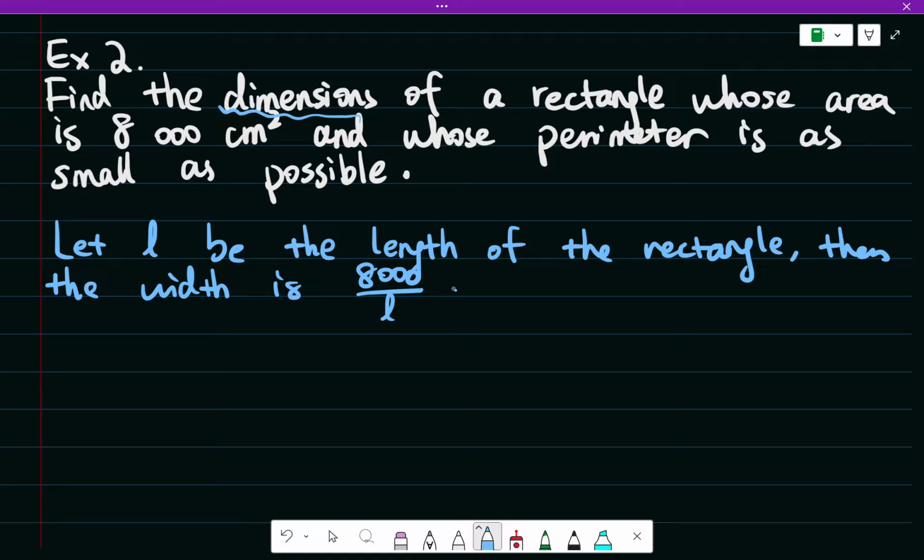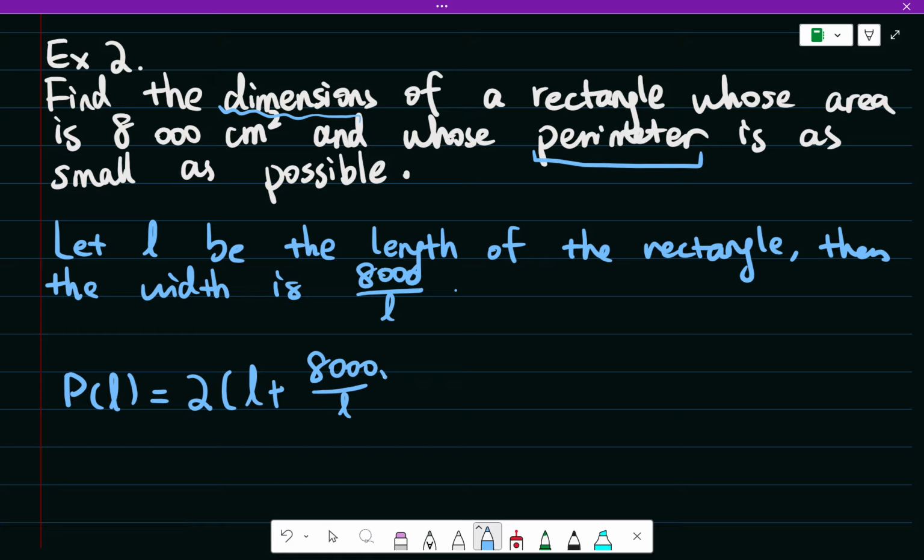Next, we need to find the exact thing that needs to be optimized, in other words, the thing whose local extrema need to be figured out. That piece of information in this question would be the perimeter. So we can set up a function for perimeter. We can say P of L is equal to 2 times length plus width. And then, in order to find the local extrema, we still set the derivative equal to 0.